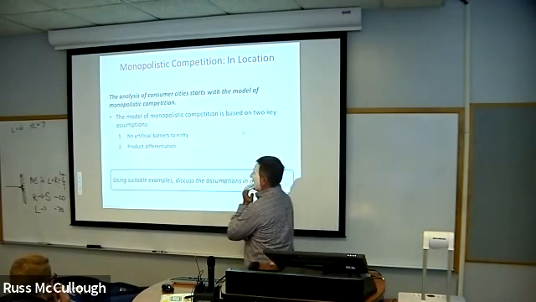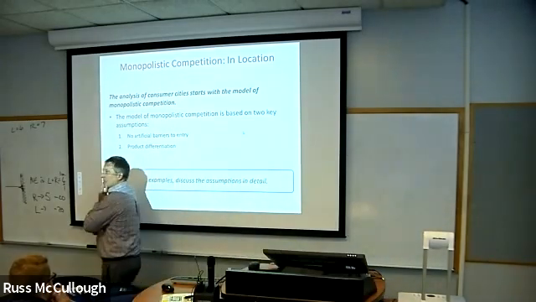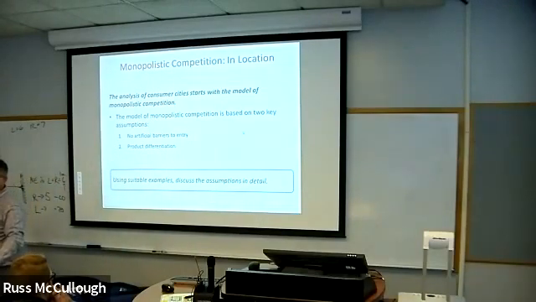Okay, product differentiation. So give me some industries that we have differentiated products. Bowling balls, okay? Chips. Tennis rackets. Keep going, let's get at least 20 more.